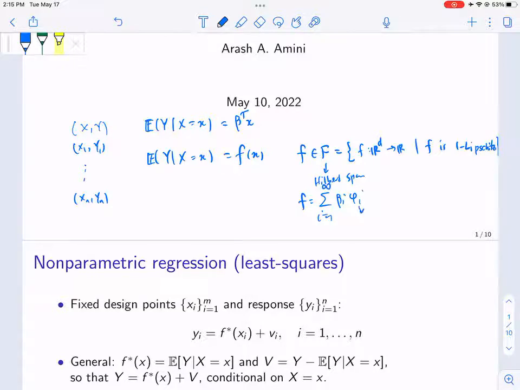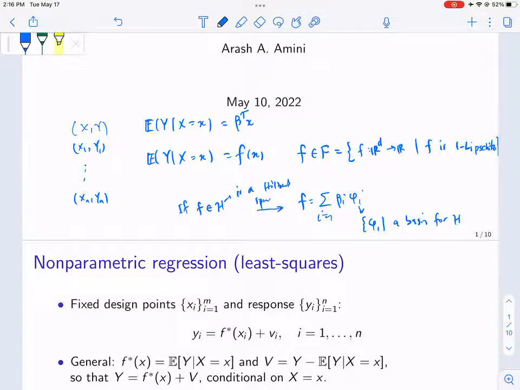So if f belongs to H, where H is a Hilbert space, it's basically an infinite dimensional Euclidean space.